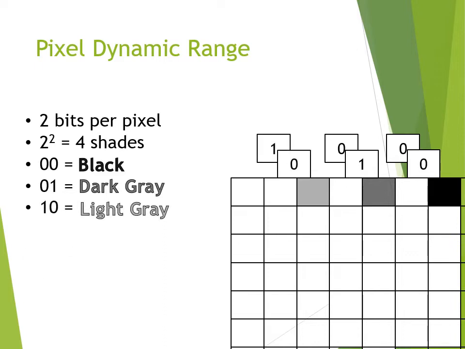A pixel whose memory bits contain 1 and a 0 would display as light gray. And finally, a pixel with 1 in both memory locations will display as white. This accounts for all 4 possibilities for any pixel in our simplified imaging system.